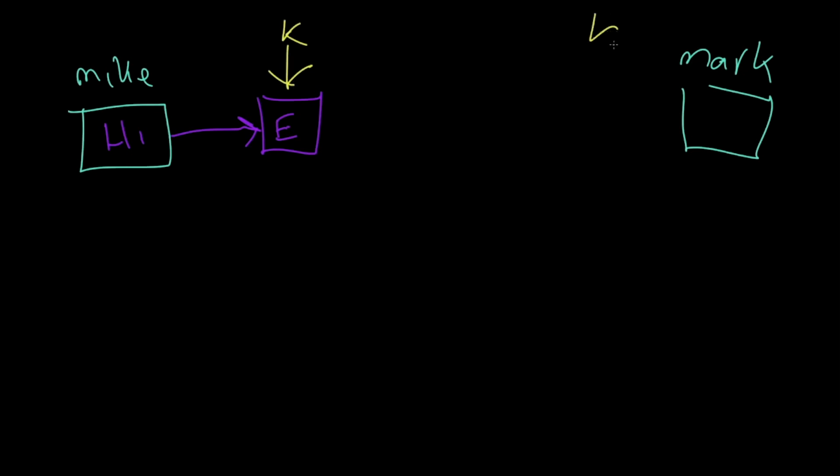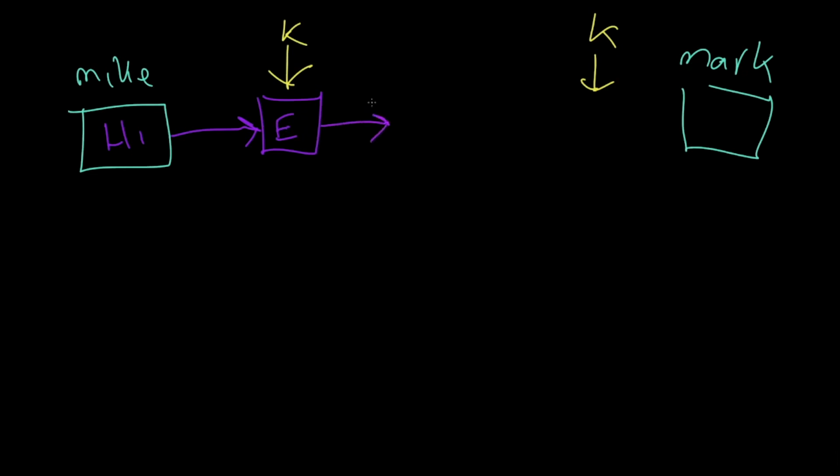Now this key is shared by and shared only by Mike and Mark. And without the key, cracking this would be quite difficult. So Mike encrypts the message hi with the key that is shared between Mike and Mark through the encryption process.